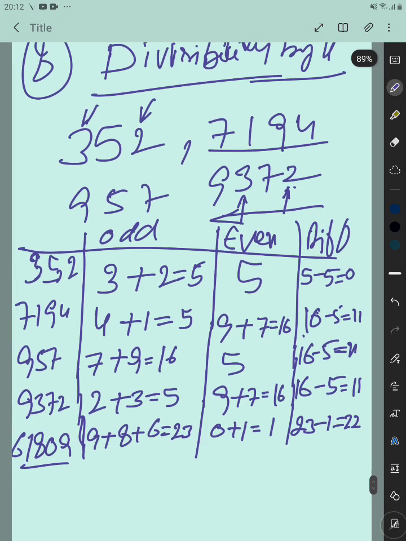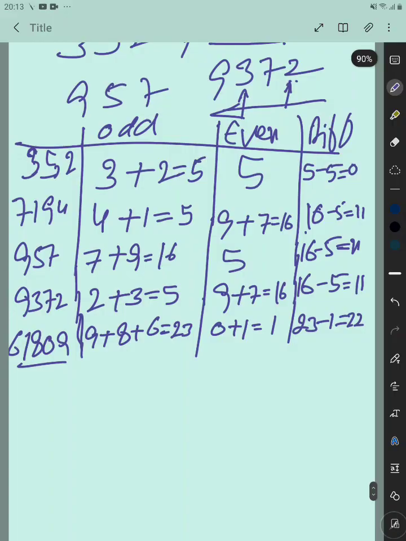So what we see is that if the difference is divisible by 11, then the number will be divisible by 11.